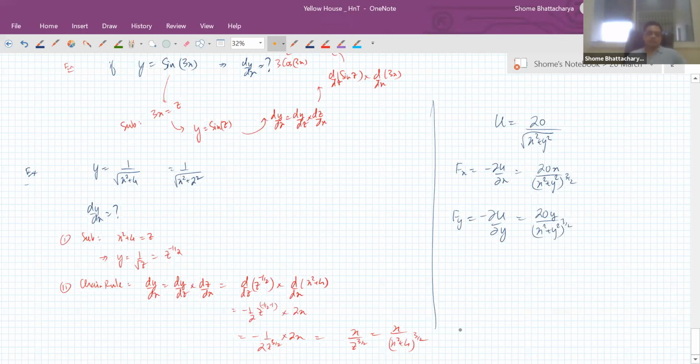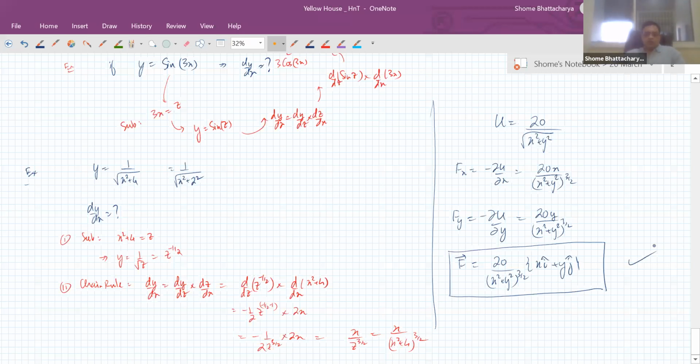Same steps. Okay. So therefore, we can see that F in general is, we can even take 20 upon (x square plus y square) to the power 3 by 2 common, times (x i cap plus y j cap). This is how we can express the net force, because only internal conservative force is acting on it.